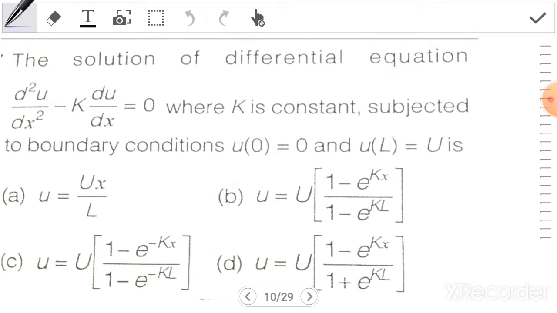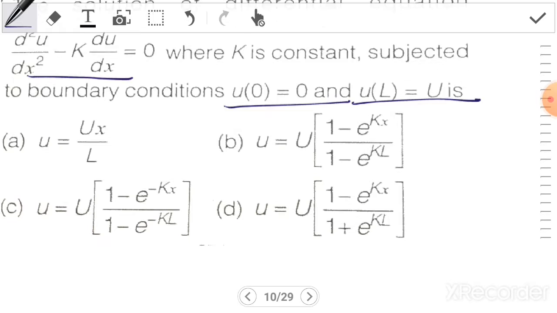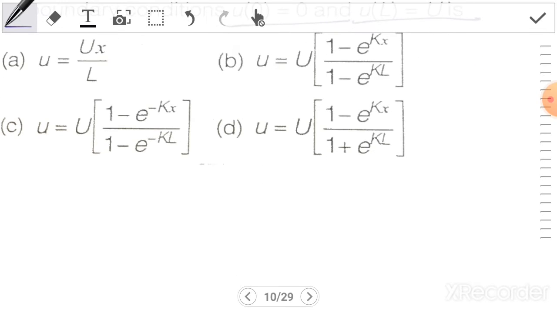The solution of the differential equation, where k is a constant, subjected to the boundary conditions u at 0 is 0, u at L is U. Right?